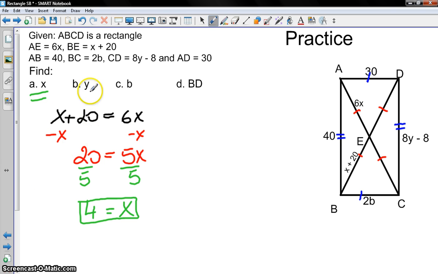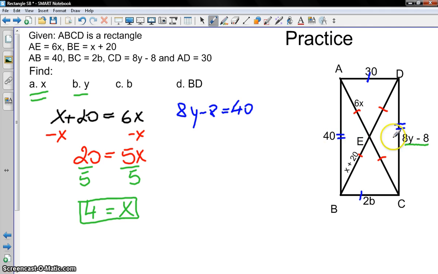I actually have to find the y, the b, and the BD. So what I'm going to do is focus on y. Now, if I'm looking at my picture, y is located here. And if I look further, I know that this side DC is actually congruent with AB. So I'm going to start my equation by saying that 8y minus 8 has to equal 40.